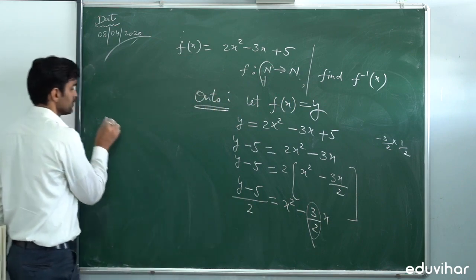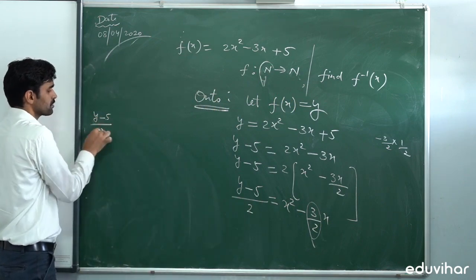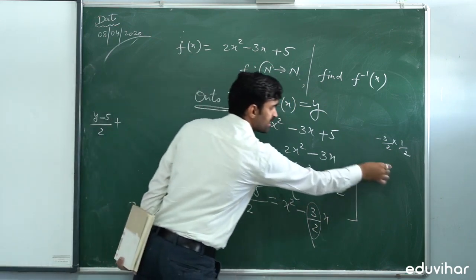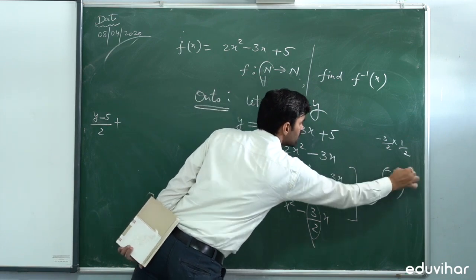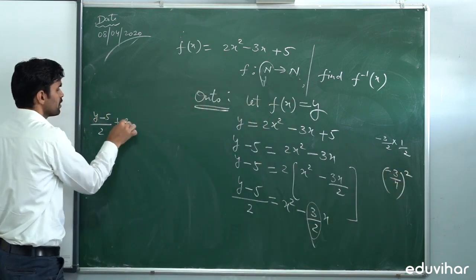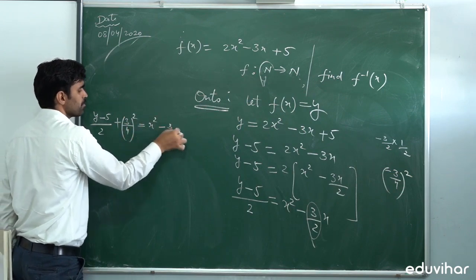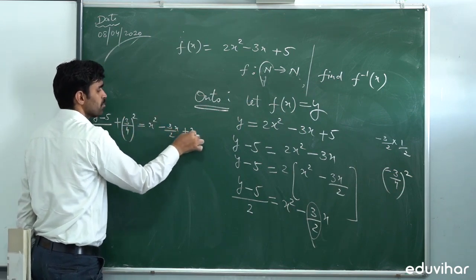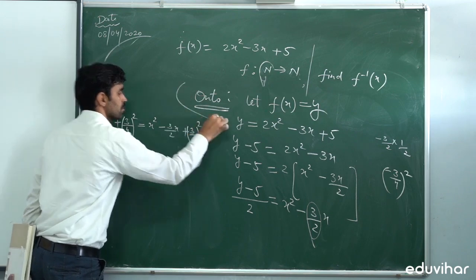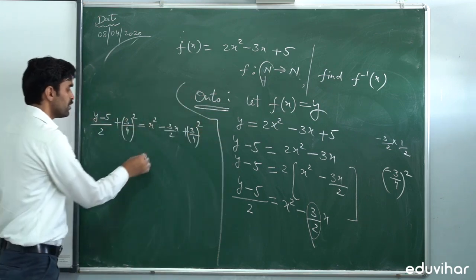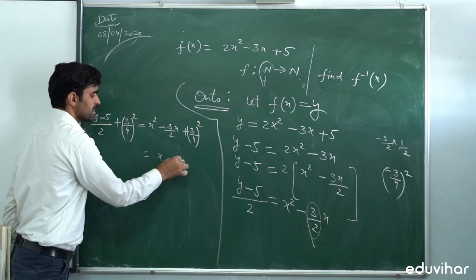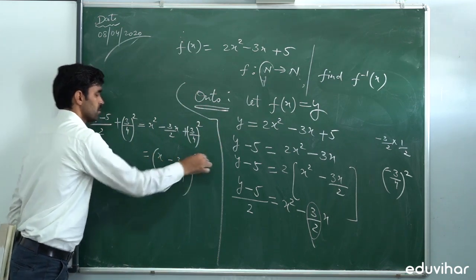So adding minus 3 by 4 whole square, that is 3 by 4 whole square. Here x square minus 3 upon 2 x plus 3 by 4 whole square, we will get the result as x minus 3 by 4 whole square.